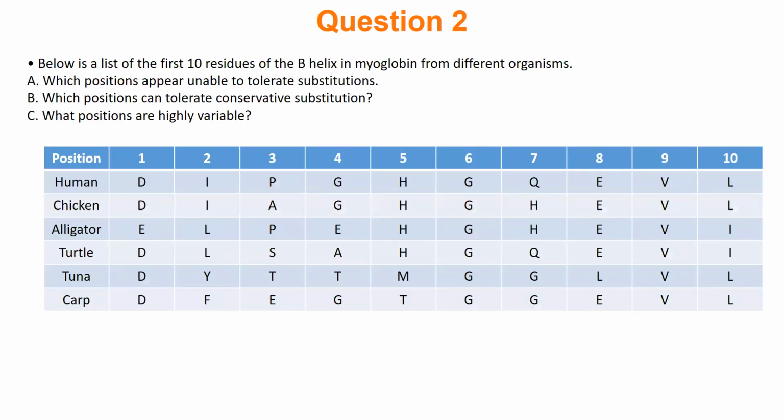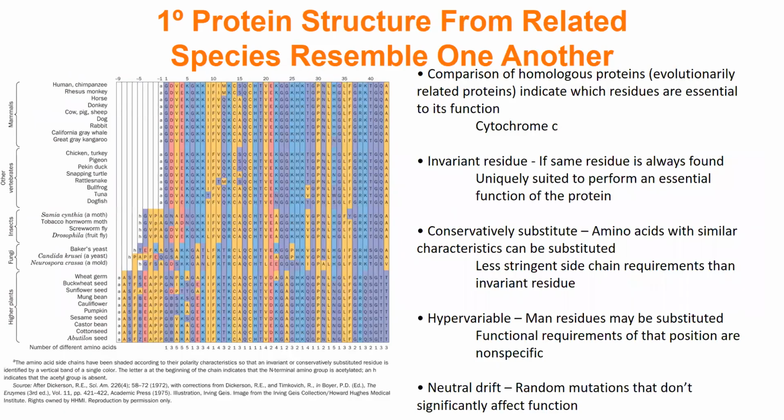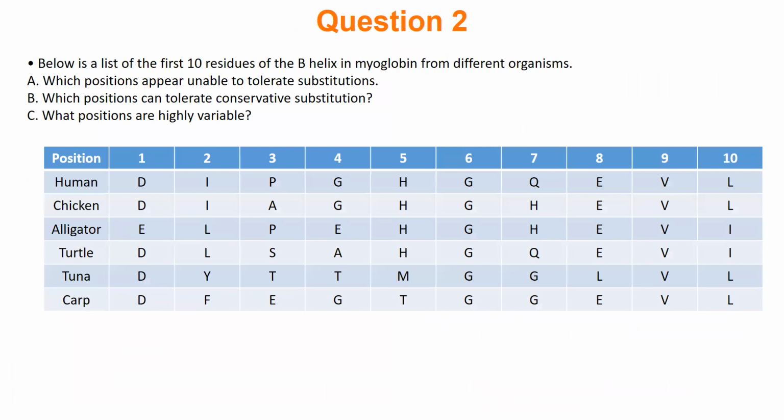And here is more of that idea to get us comfortable with substitutions. On Wednesday, we looked at this big chart and we looked at the different positions and were able to tell invariant, conservative, and hypervariable. So I want you to do that now. I have 10 positions.